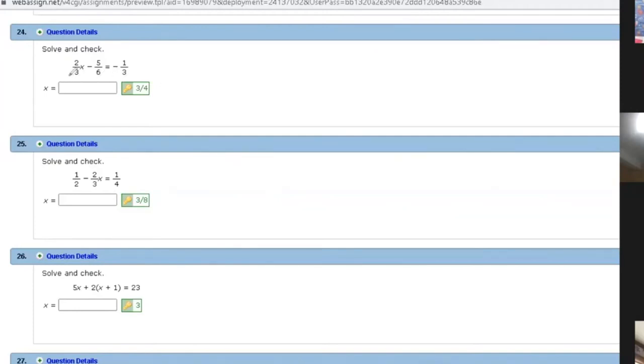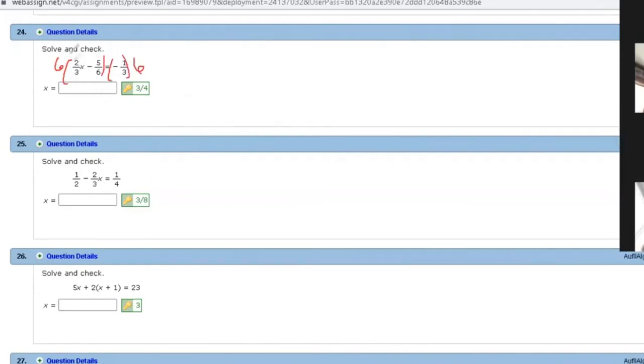So if we look at 24, our denominators, we have 3, 6, and 3. So we will want to get rid of that denominator. The LCM of 3, 6, and 3 would be 6. So what we want to do is multiply everything by 6.